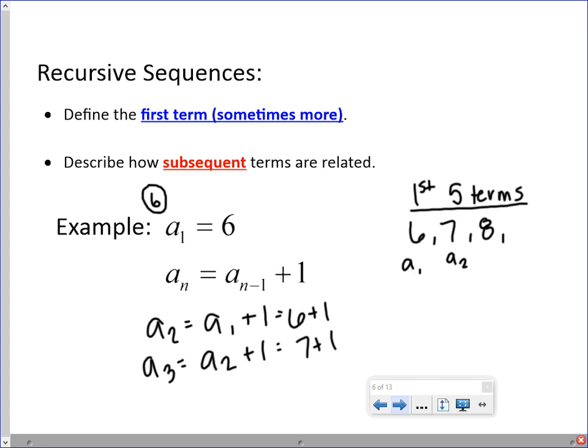So this recursive formula is more like what we instantly said when we thought we were adding 4 every time. We wanted to write n plus 4. That would be okay if you wrote it as a recursive formula, but the trouble with the recursive formula is if I ask for the 100th term, what do you need? The 99th term. So this notation right here, this a sub n minus 1, this is the term before, I always say.